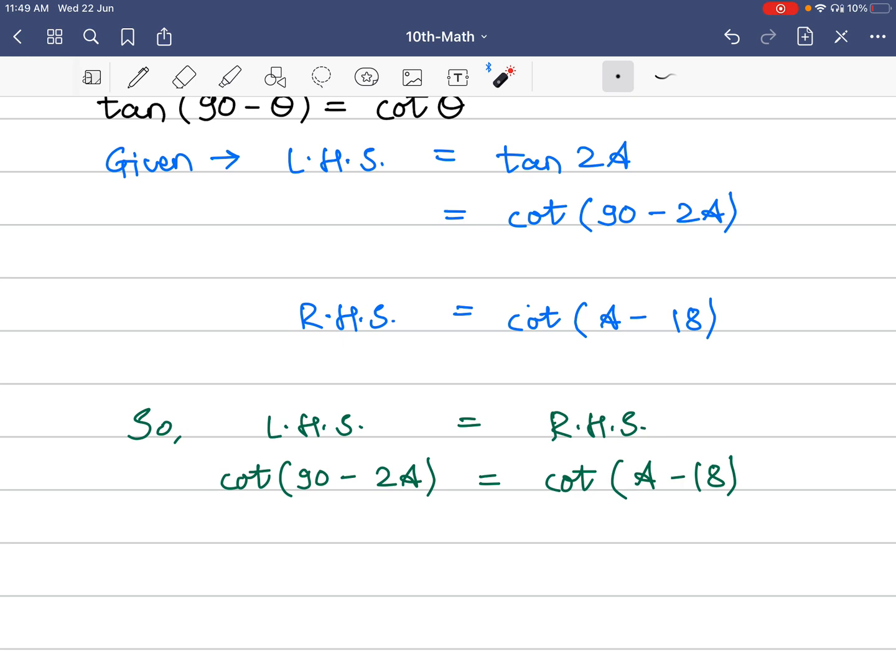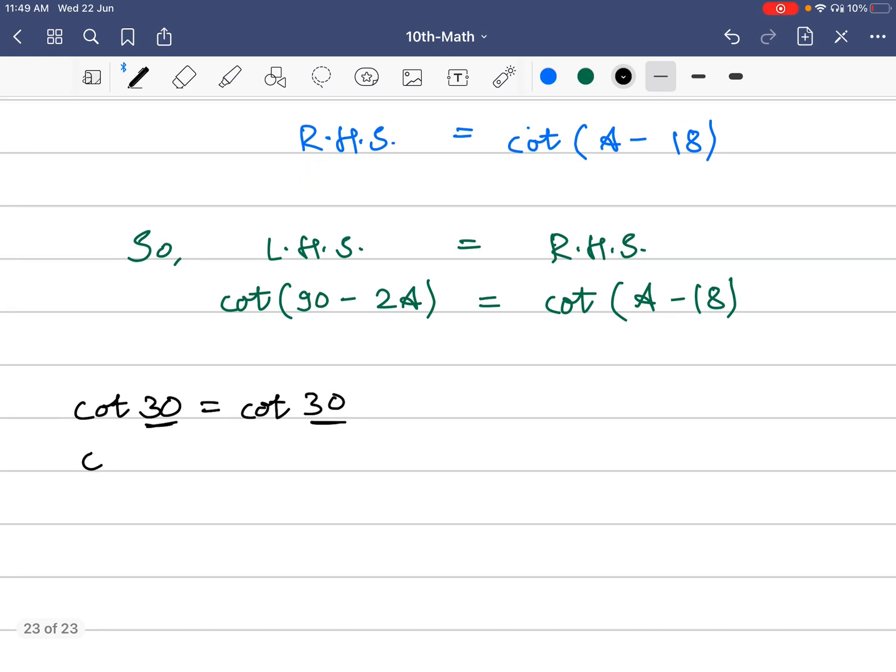For example, we will have cot of 30 equal to cot of 30 itself, right? So this 30 and this 30 should be the same. Similarly, if we have cot of 72, that will be equal to cot of 72 itself.